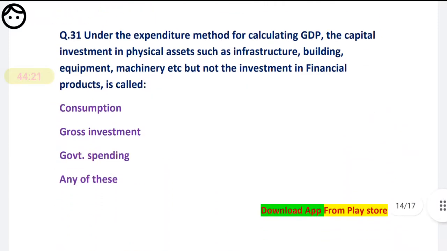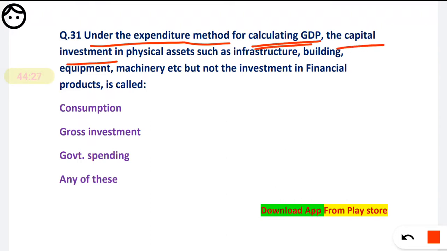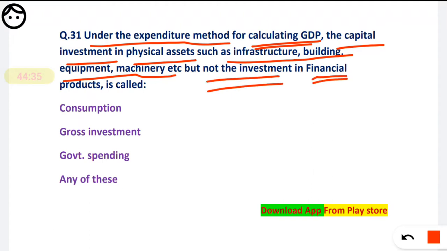Now question number 31, under the expenditure method for calculating GDP, the capital investment in physical assets such as infrastructure, building, equipment, machinery, but not the investment in financial products, is called as consumption, gross investment, government spending, any of these.